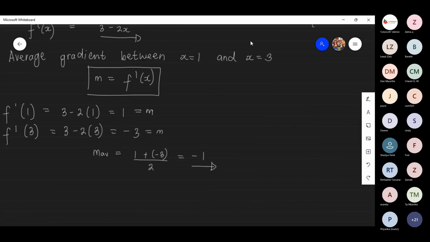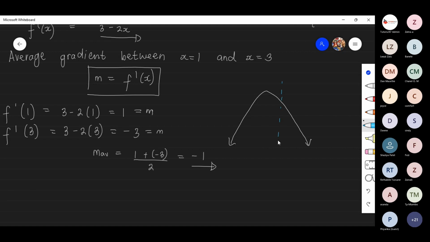It's a less than 0, so it's a sad face. So this is basically our function f, right? Now we have x at 1 and 3. So let's say 1 is about here and 3 is about here. So this point is x equals 1 and this point is x equals 3.